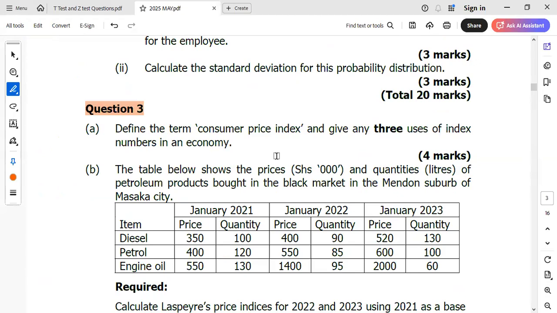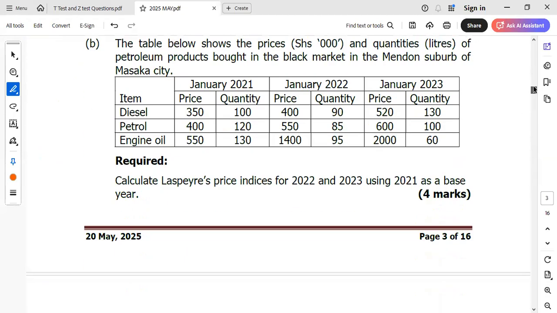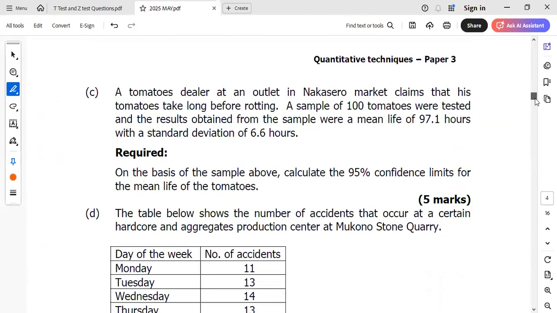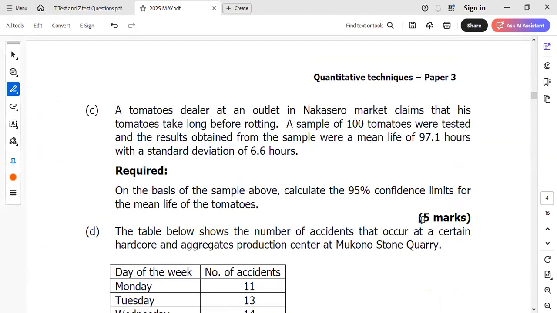Yes. Okay, so that is May 2025. You have the price index question, then you have these 5 marks. They are telling you that on the basis of the sample above, calculate the 95% confidence limits. So you want the upper limit and the lower limit for the mean life of the tomatoes.